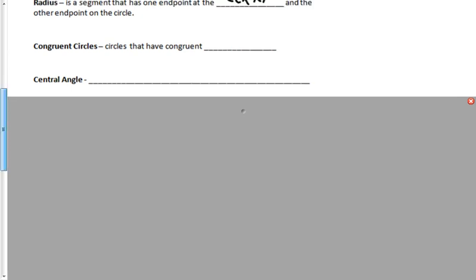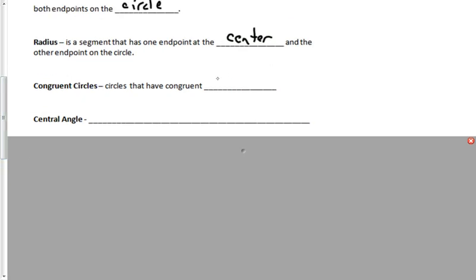Congruent circles are circles that have congruent areas and circumferences. You also have congruent diameters. You have congruent radii.